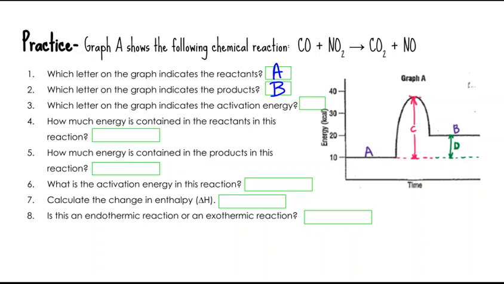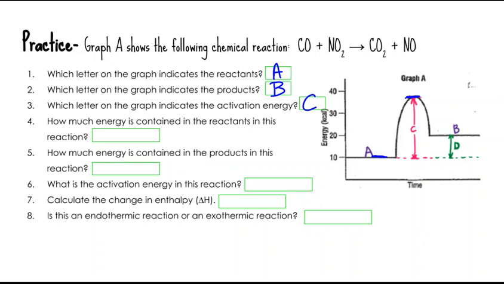Which letter on the graph indicates the activation energy? Which one's the activation energy? Anyone? Starting at the reactant line, going to the top. Exactly right. Very good. C. Right here from the energy of the reactants to the top of the hill.